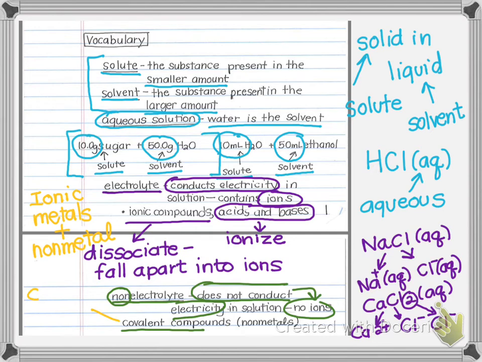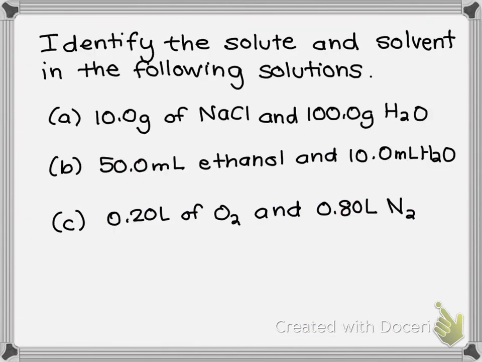And covalent compounds, these things are what we call molecular, and they have nonmetals. So I can look at their formulas and distinguish if something is ionic or covalent by the types of elements that they have. So now let's answer a couple of questions about the vocabulary on this page.